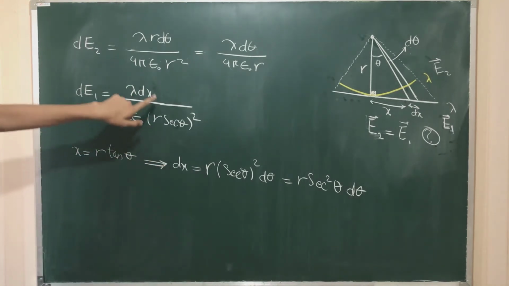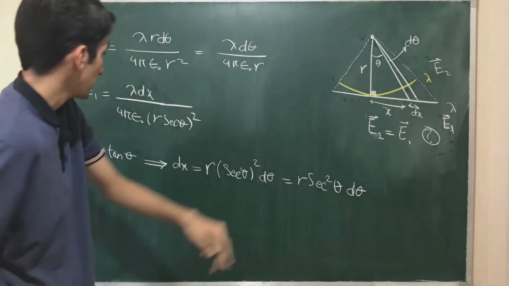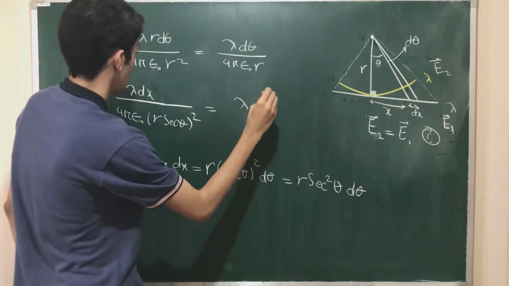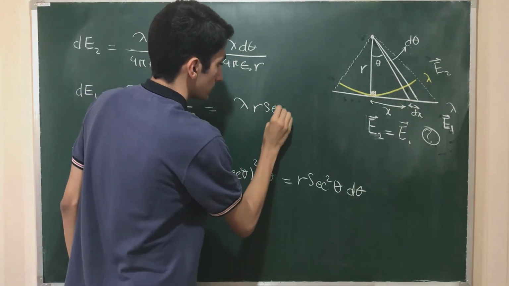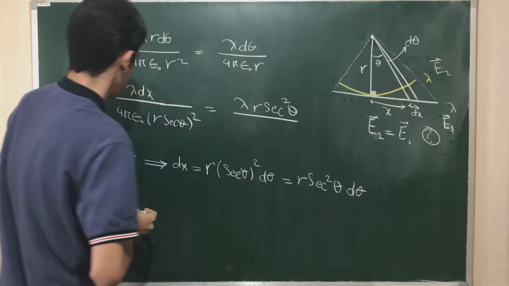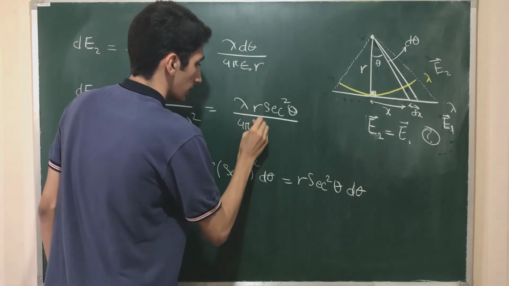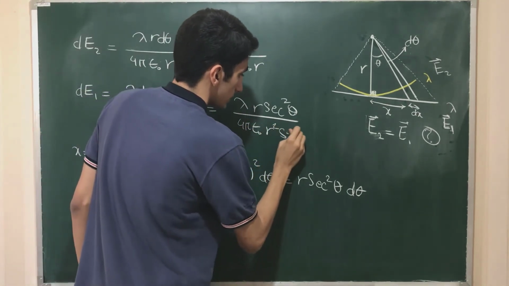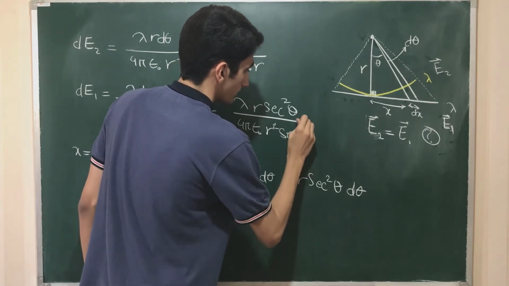So if I replace dx here with this, what I would get is lambda times r secant of theta squared over 4 pi epsilon 0 r squared secant squared of theta.